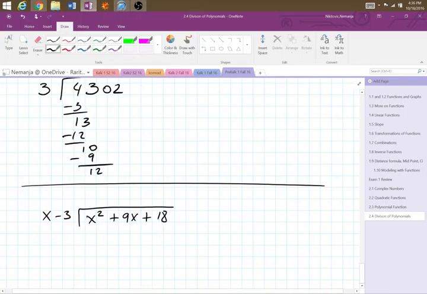So x goes into x squared x times, multiply it back, that's going to be x squared minus 3x, and then subtract, these cancel, minus and minus is plus, so 12x plus 18.